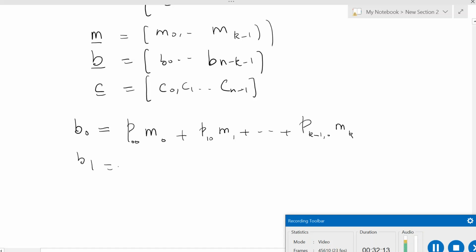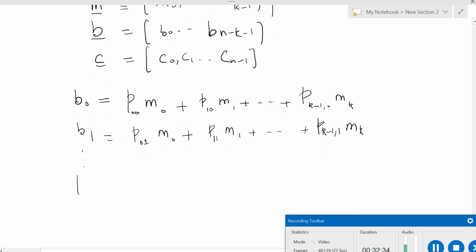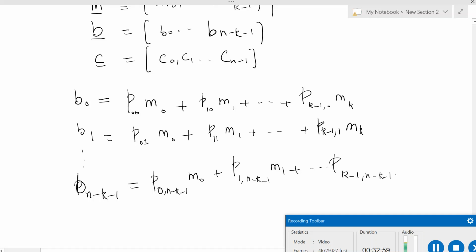Okay, similarly b1 is equal to p01 m0 plus p11 m1 plus pk minus 1 mk, so on so forth up to b n minus k minus 1 equals p0 n minus k minus 1 m0 plus p1 n minus k minus 1 m1 plus p k minus 1 n minus k minus 1 mk, right? This is how each parity bit is generated.